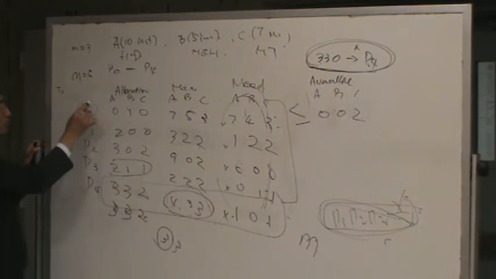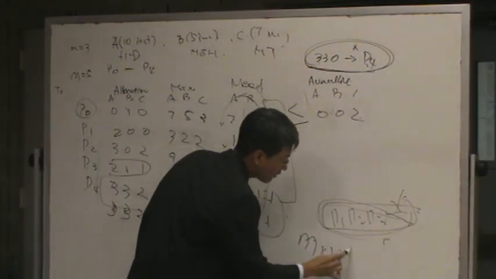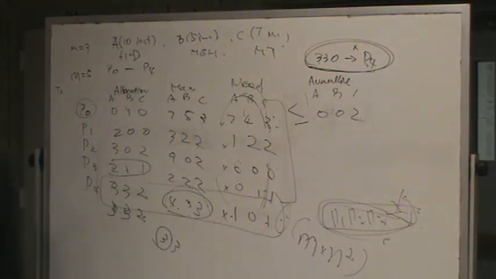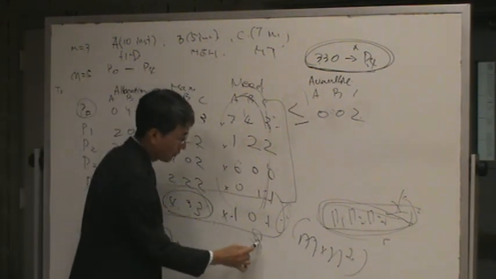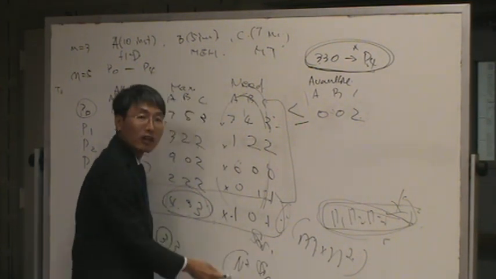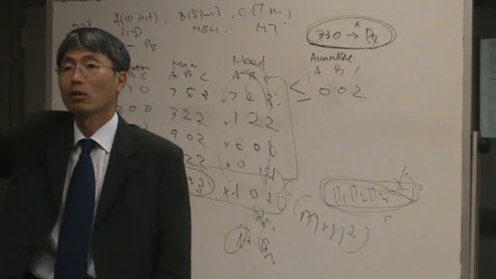For each process, you need to check the other processes, which means it's n squared. Total complexity is n times n squared. It's too complex. Think about the brute force algorithm: when you have a for loop, it is n squared. Even that is very high complexity.